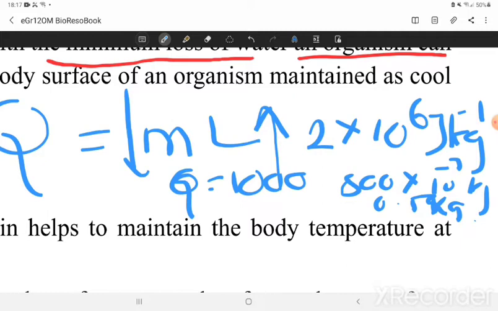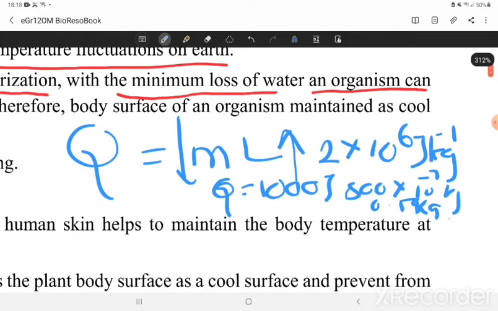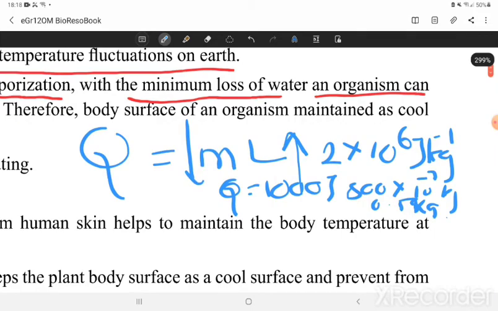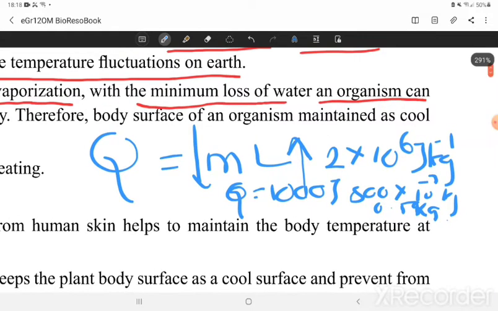Is that correct? Compared to the heat that is to be released, the mass of water that has to be evaporated is not a great deal. So you understood that from this.